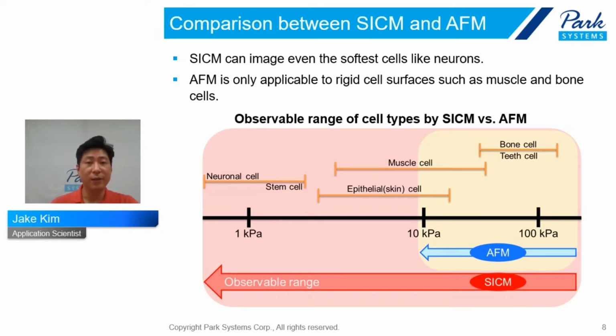These differences make SICM a better technique for biological samples. As shown in this figure, of course, AFM can image cell samples or biological samples, but the imaging quality is not guaranteed. On the other hand, SICM can image even the softest cells, like a stem cell or neuron cell.